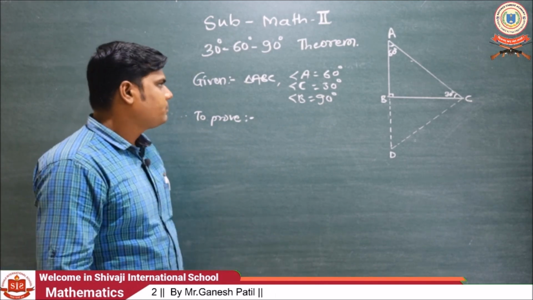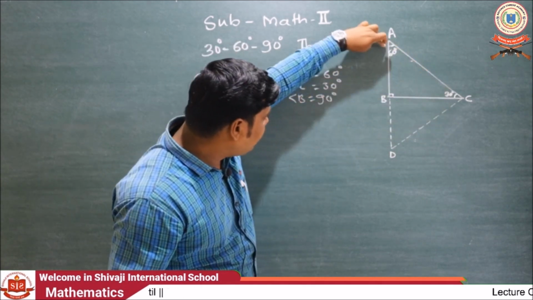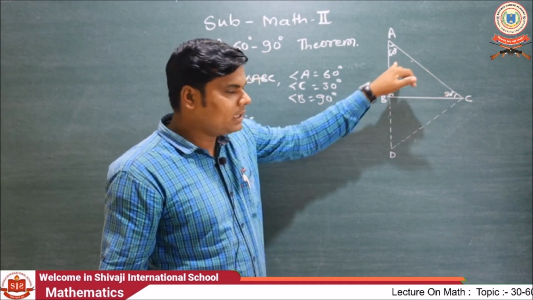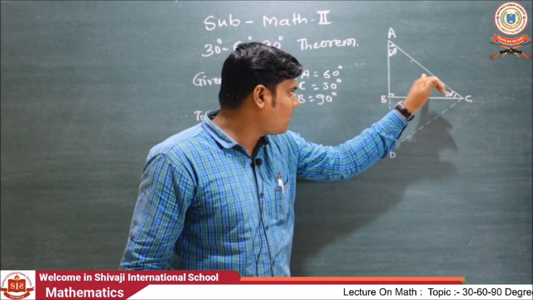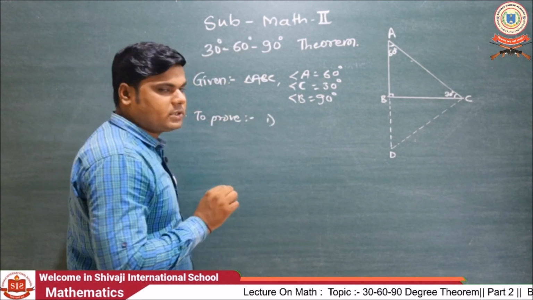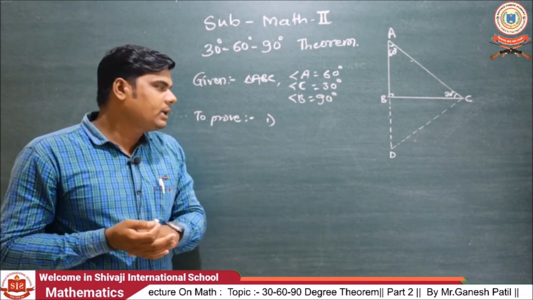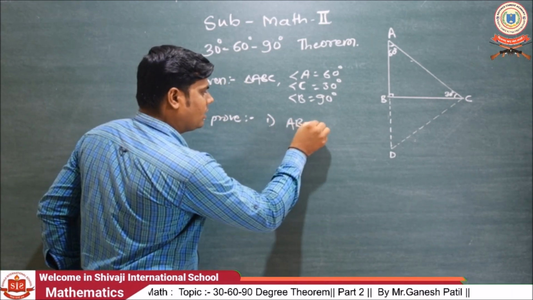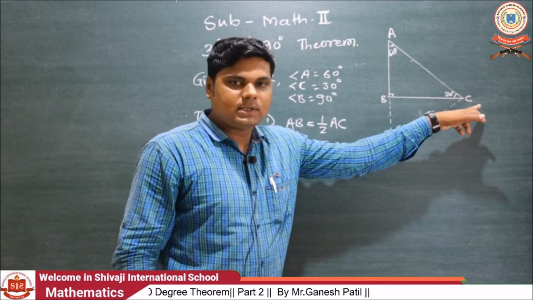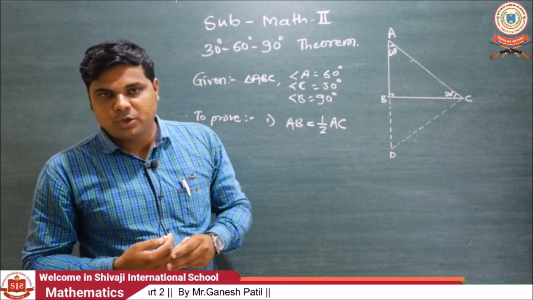This is the 30 degree angle, and AB is the side opposite the 30 degree angle. This is the 60 degree angle, and BC is the side opposite the 60 degree angle. First, the side opposite the 30 degree angle is AB, and AB is half of the hypotenuse. How to identify the hypotenuse in a right angle triangle?